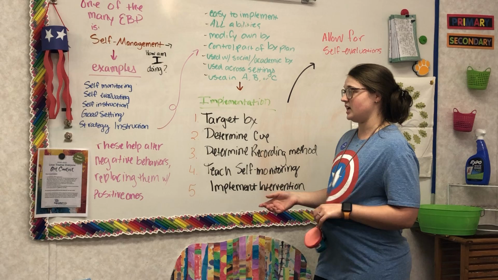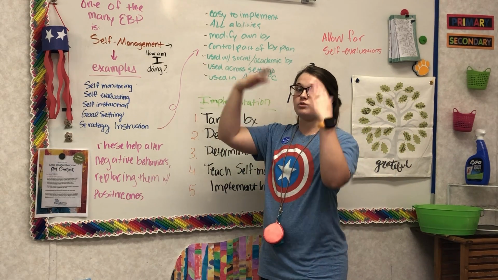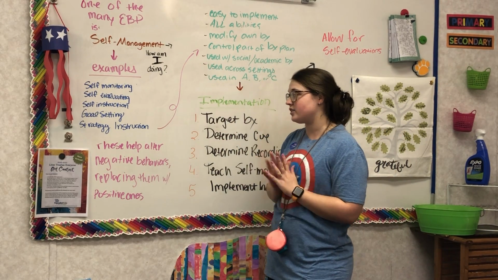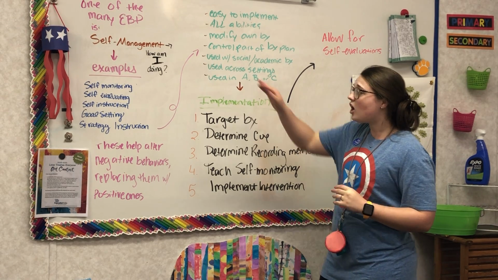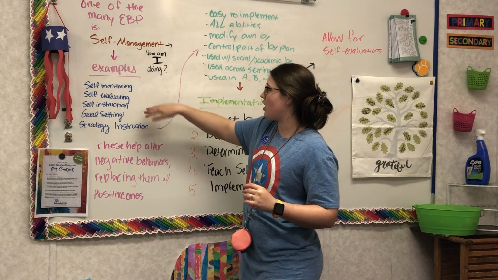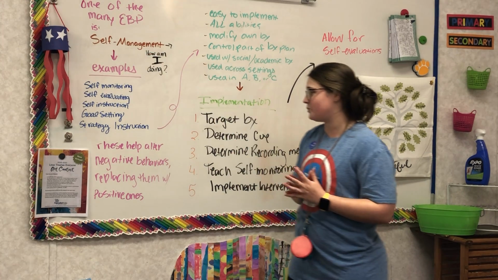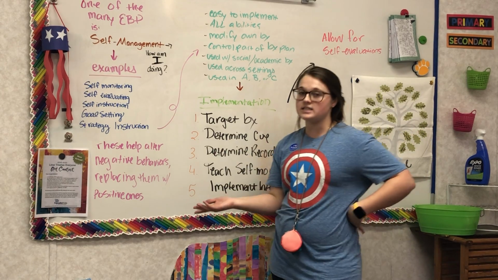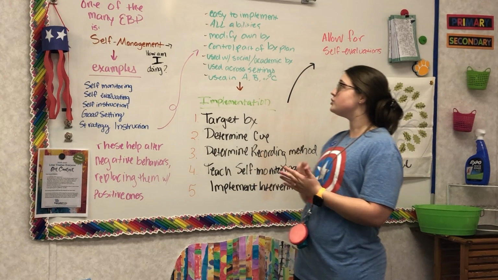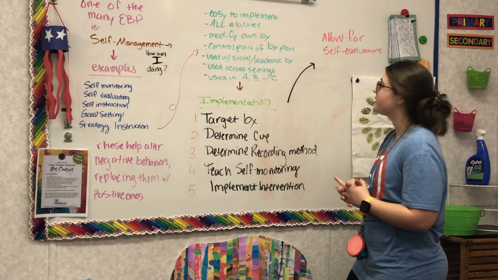Teaching yourself something. Setting a goal that you can reach based on the other things mentioned. And so, all of these that are part of self-management, which is an evidence-based practice, help students alter the negative behaviors and replace them with positive ones, which is a huge goal that we want children to achieve.